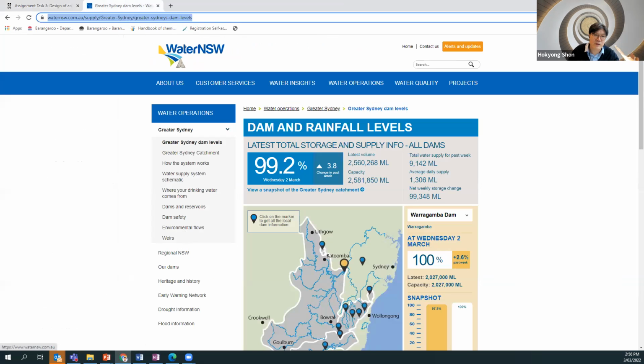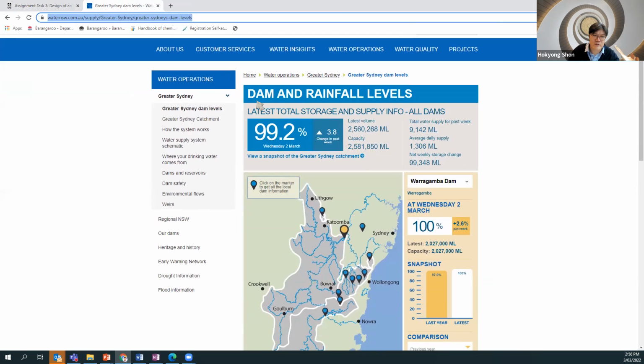If you go to the Water NSW website, they always provide this information, dam and rainfall levels. So we have 11 dams. Sydney, we are here. We get most of our water from the Warragamba Dam near the Blue Mountains, and then we deliver the water to Prospect Dam, and then it's supplied to Sydney.